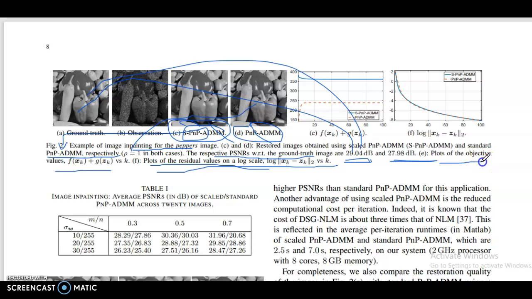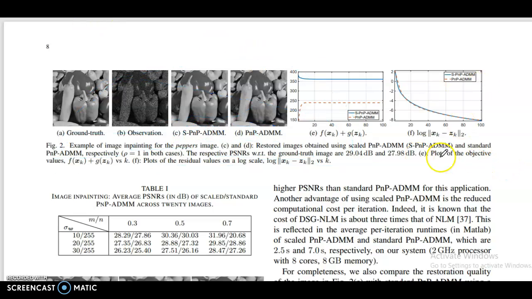And then E plots the objective values f of xk plus g of zk versus k.